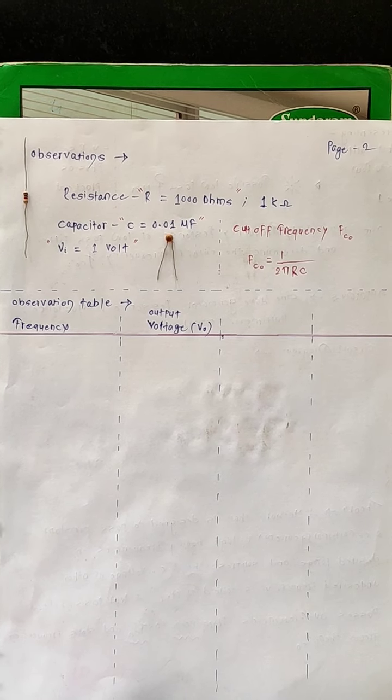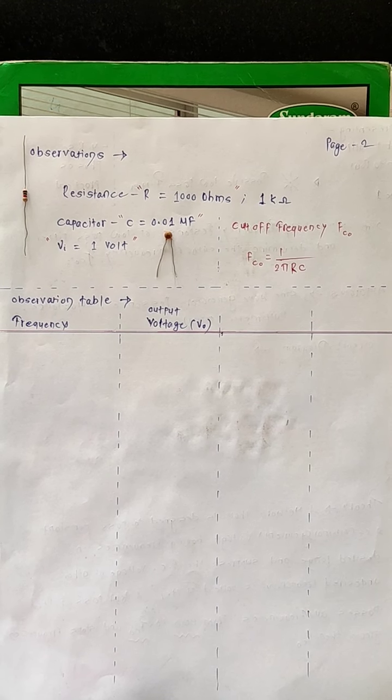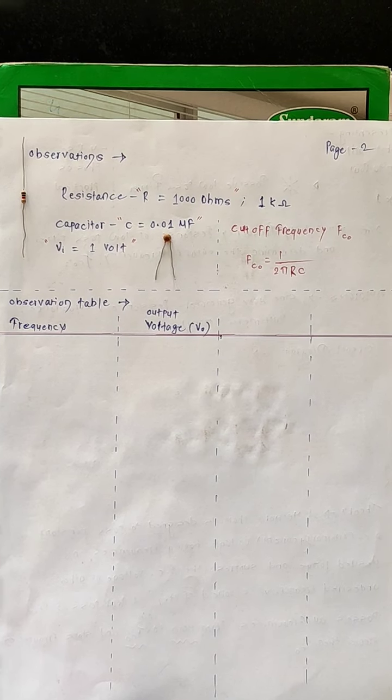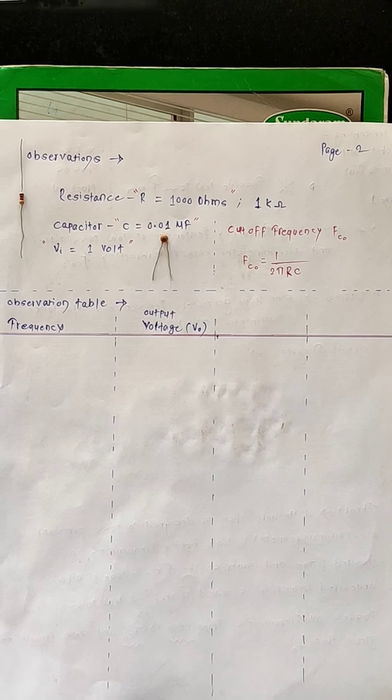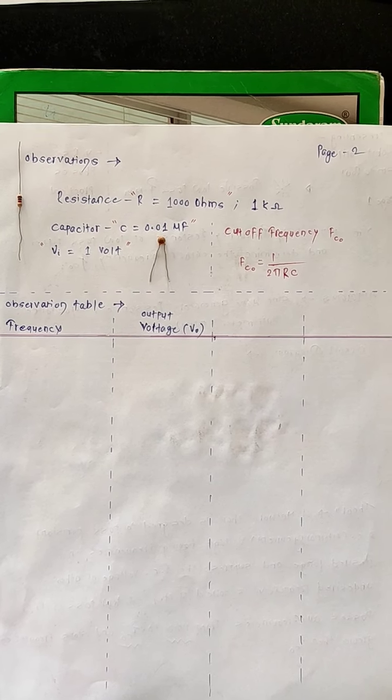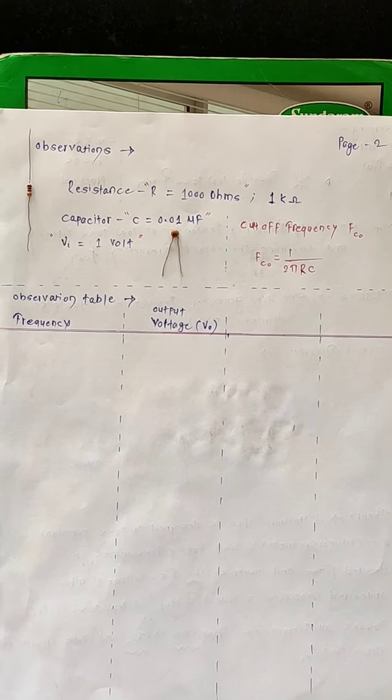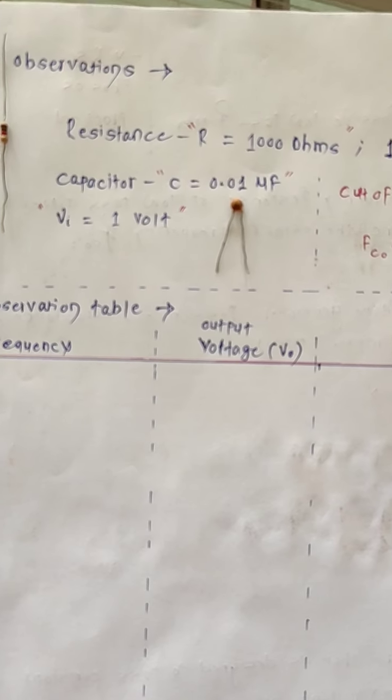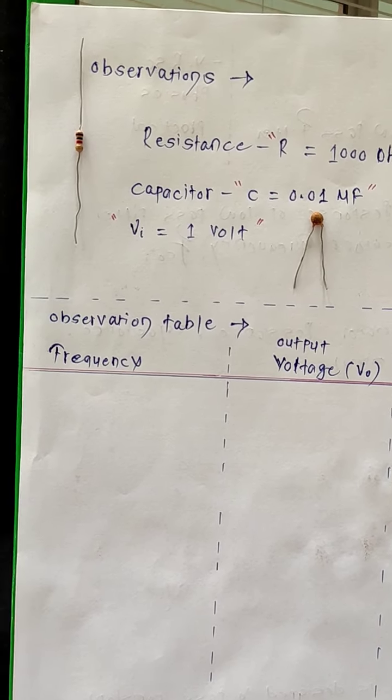The components that we are going to use in our circuit are as follows: a resistance of 100 ohms and a capacitor of 0.01 microfarad, and we are going to connect these two components according to our diagram.